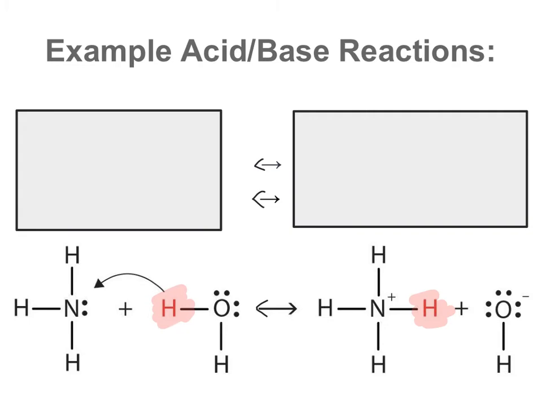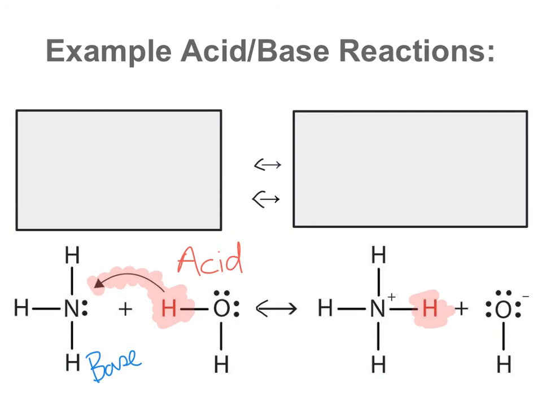Even without noticing the arrow, we should have noticed that this substance on the left-hand side started as NH3, and now it's NH4. We have 4 hydrogens on there rather than 3. So in this case, we can identify that the hydrogen donator was water. That's our acid. The hydrogen acceptor is the NH3, the base.